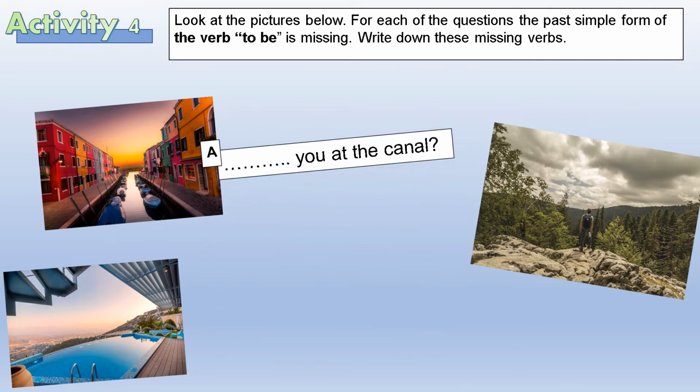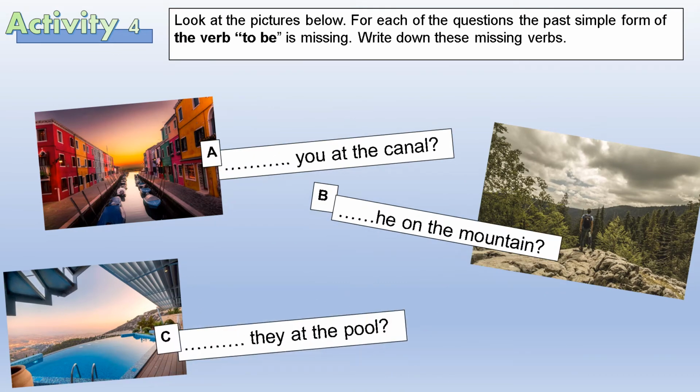Okay, good. Look at the pictures below. For each of the questions, the past simple form of the verb to be is missing, this time at the start of a question. Write down these missing verbs.